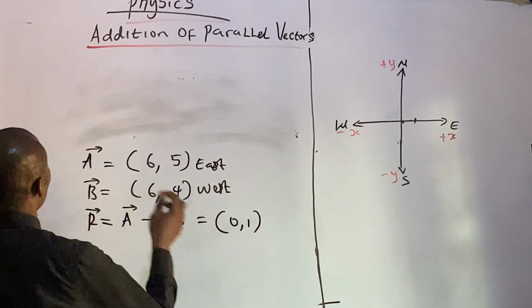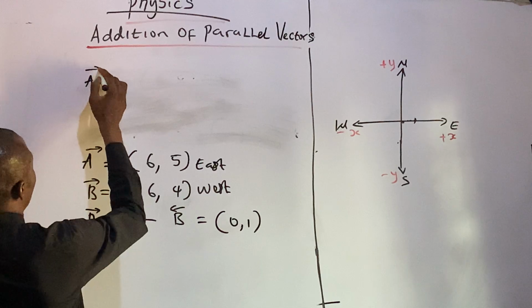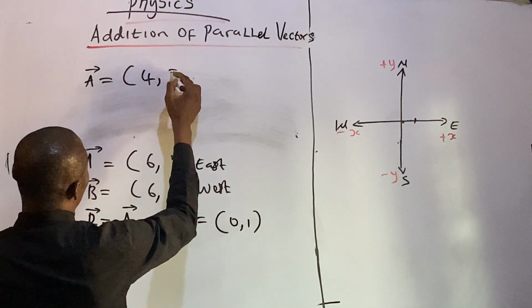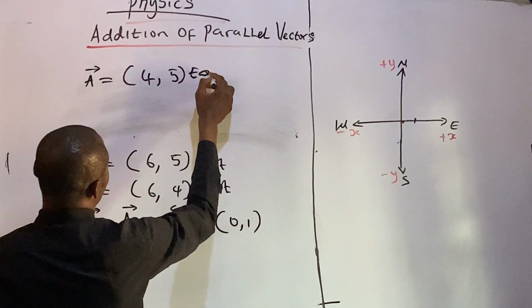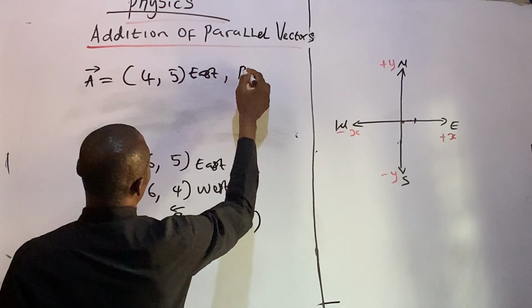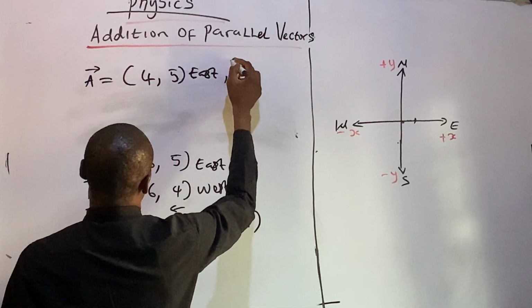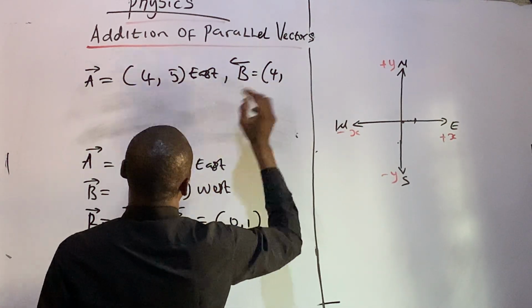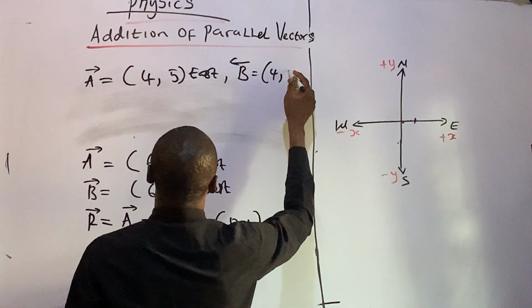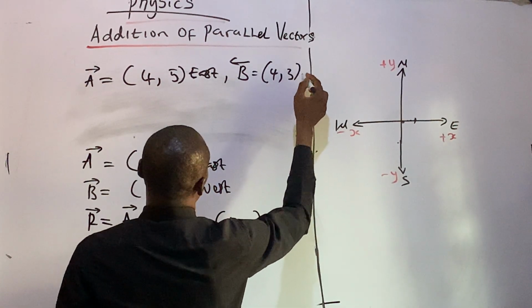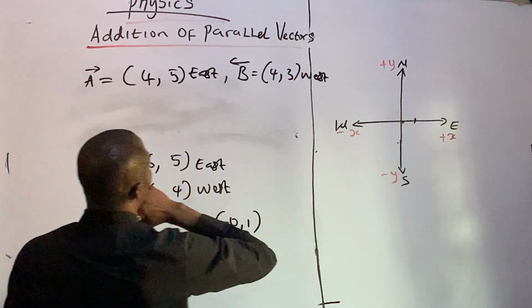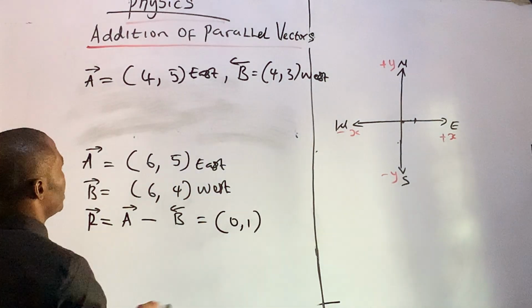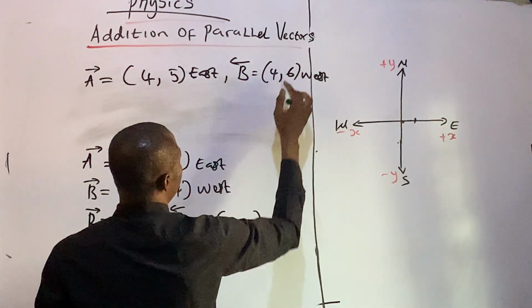Let's say we have another vector. Vector A is equal to 4 and then 5 to the east. And then vector B is equal to 4 and then 3 to the west. Now, what's the magnitude of this vector? Let's change this to 6 because we need a negative value.